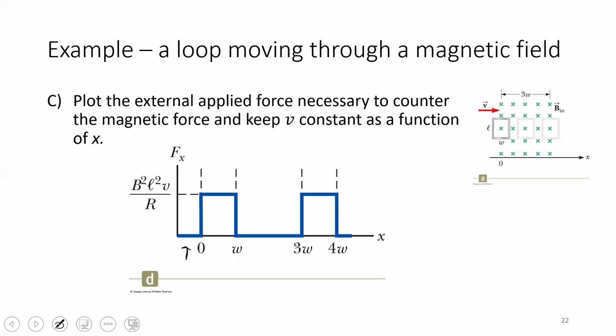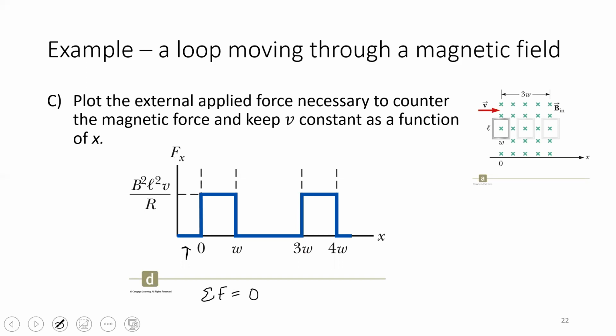And then as we're entering the field, to maintain a constant speed, we've got to be equal in magnitude and opposite in direction to the magnetic force exerted on that side so that we're in equilibrium. If we want constant velocity, we want all our forces to add up to 0.